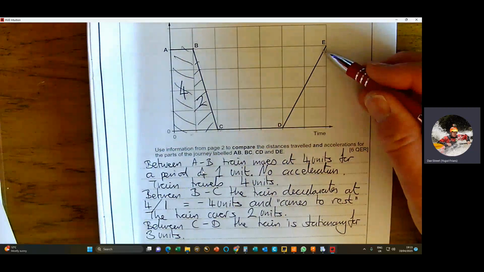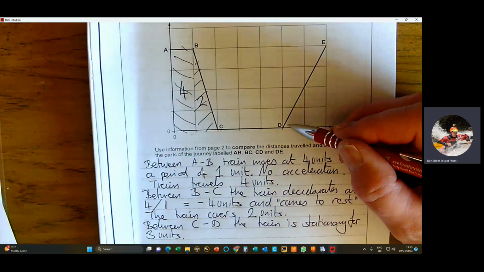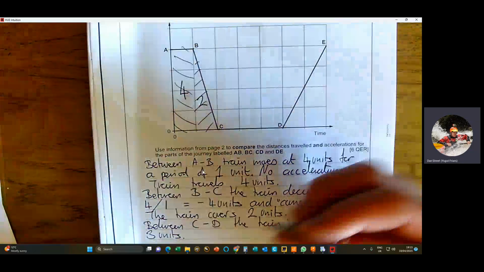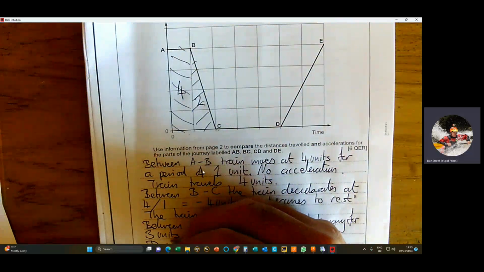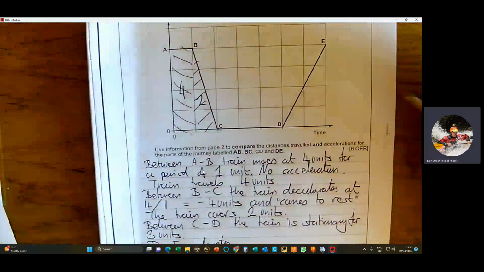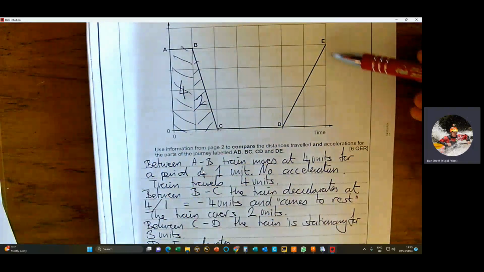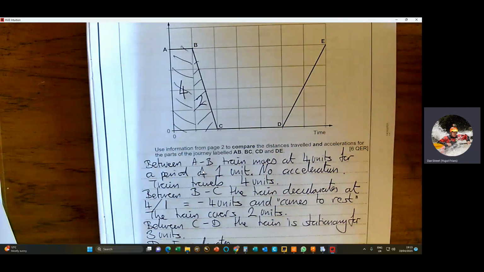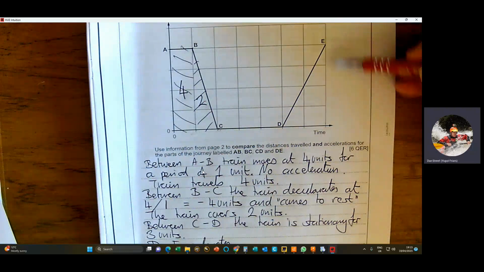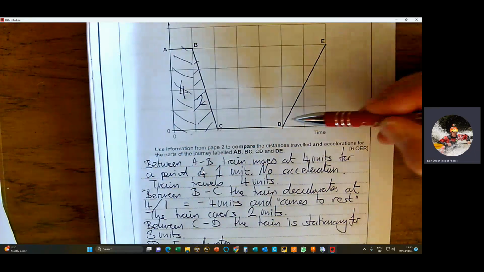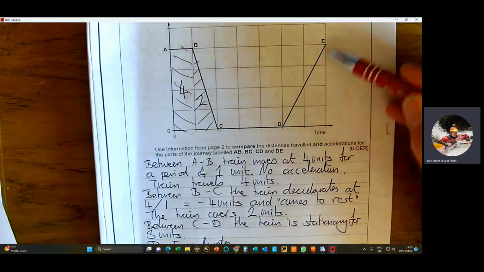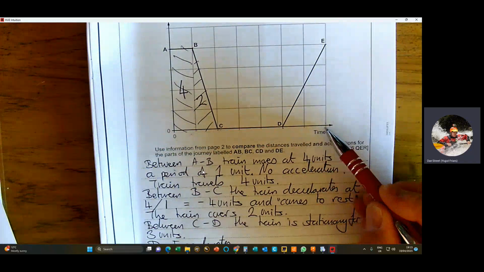And then between D and E, we can probably work out without even looking at the graphs or the knowledge organizer that it accelerates. So D to E accelerates. And again, if we use the idea that acceleration is the change in velocity divided by the time, the change in velocity starts at 0 and goes back up to 4 again. So the change in velocity is 4. This time it's a positive value because it's accelerating, and that happens over 2 units of time.